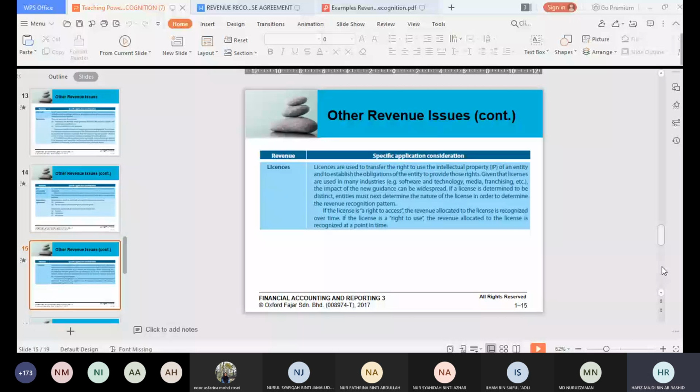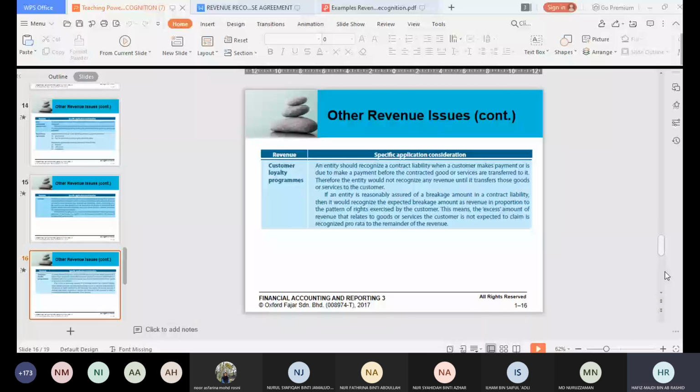And the next three issues, this is a topic which I will discuss in much more detail in our next class. The next three issues: customer loyalty programs, material rights, and renewal option.